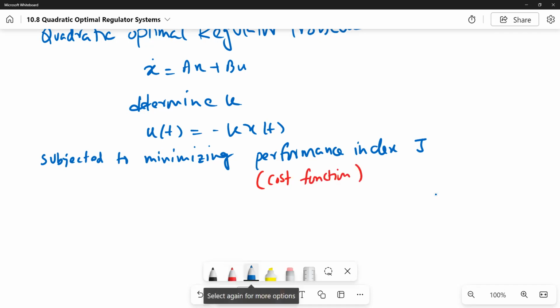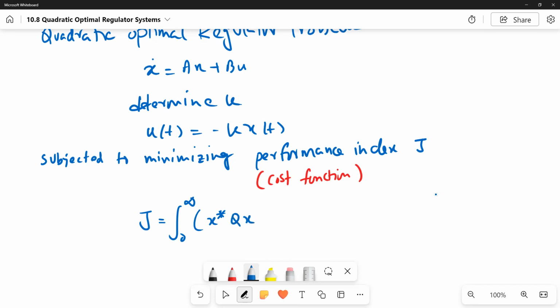We'll keep it as a performance index for now, which is J equals the integral from 0 to infinity of x star Q x plus u star R u.